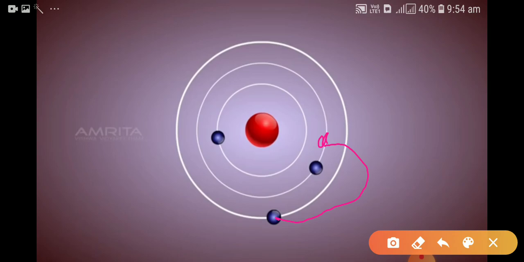When an electron jumps from outer to inner, it emits energy, and when an electron jumps from inner to outer, it absorbs energy. And how much does it emit? The difference between the two levels. That is equal to the energy it emits.